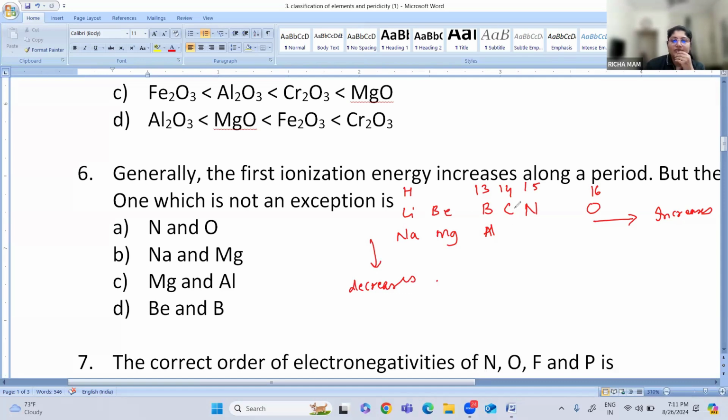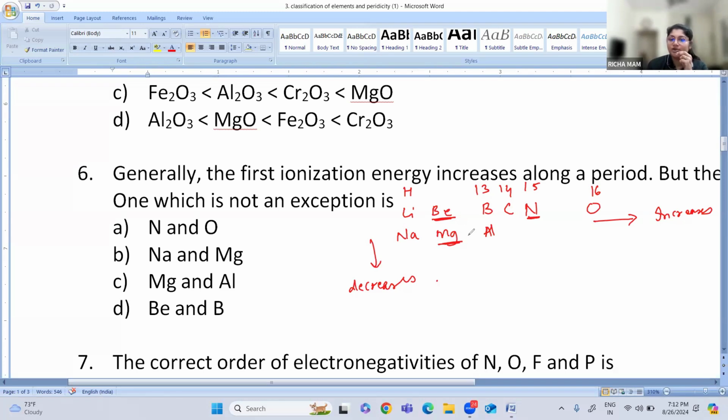Now when we see beryllium, nitrogen, and magnesium, they have slightly higher values when we look at the ionization energy data.